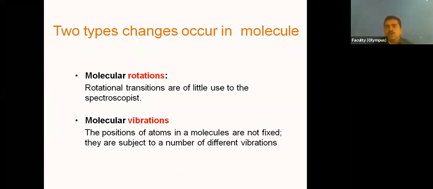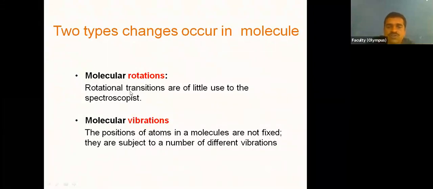Now, infrared radiations have enough energy to change the rotational energy levels. The energy gap between two rotational energy levels is very small. So the radiations get absorbed and there is a change in rotational energy level, which is called rotational transitions.